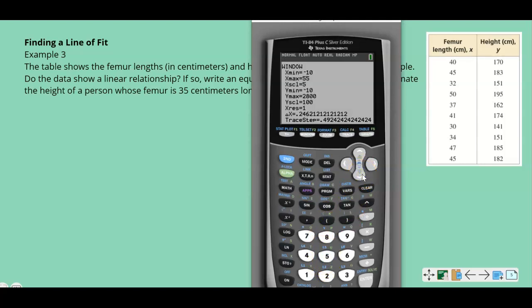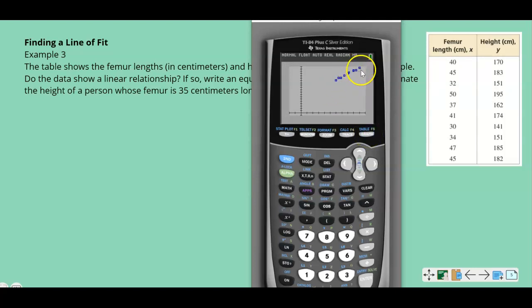All right, and we don't need to worry about our minimums. Our maximum Y value, we can see this goes to 195, so let's say 200. And then we're going to change this, say, to tens. Changing your scale just means, in the window, typically you go by ones, but when you have numbers that large, you may want to do it a little different.